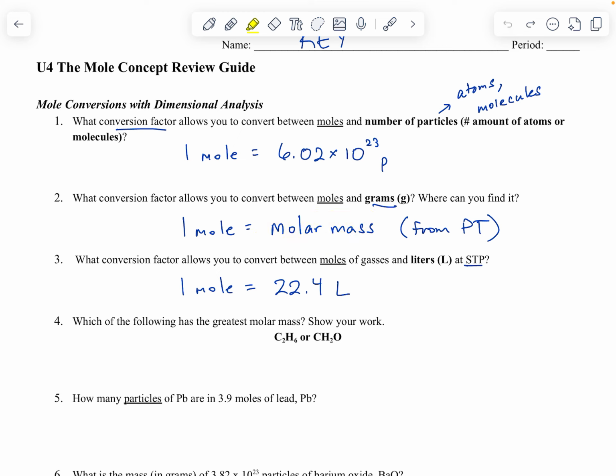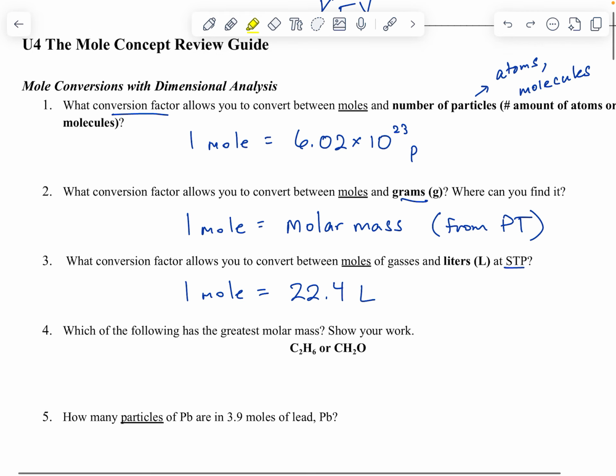But as you can see for our particles and our liters, that number for liters is the same for every substance that we're using. That number for particles, the same for every substance that we're using. So the only one that's really going to vary, again, is molar mass.